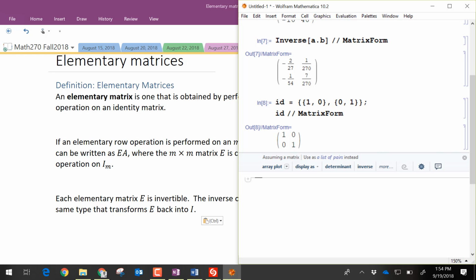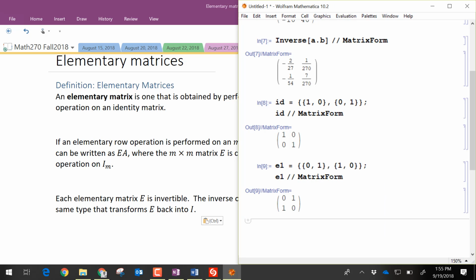Let's say we're switching, let's switch the rows. I'm going to call that E1. So if you take the identity and you switch the rows, then this is called an elementary matrix.